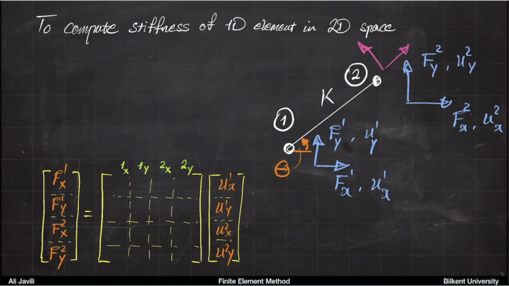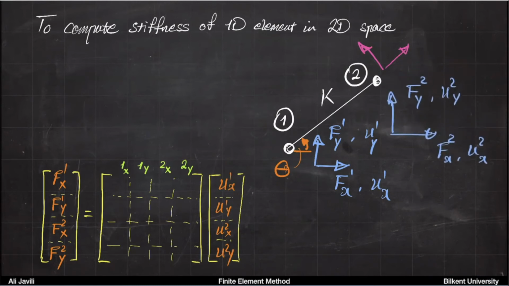So maybe I can make space here. This is node 2 here. So that would be now my F2 in the x prime direction, and u2 in the x prime direction.